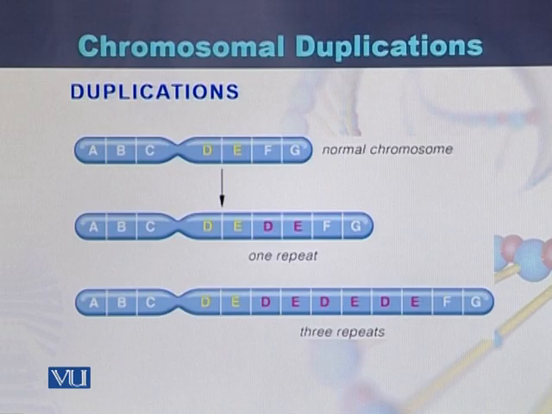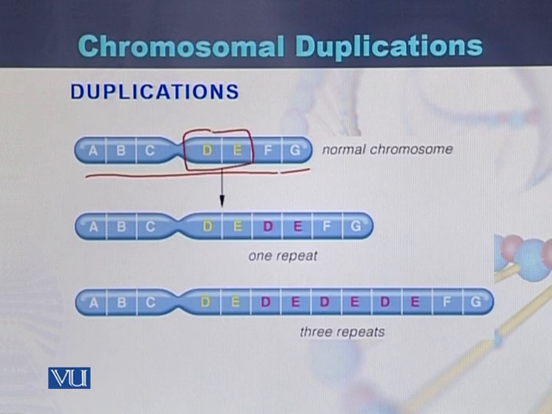Here we can see the duplication process, how it occurs in the chromosomes. This is the structure of a chromosome where we can see the fragments D and E. While in this chromosome, this fragment has been copied. This is the first copy of this fragment and this is the second copy of the same fragment.